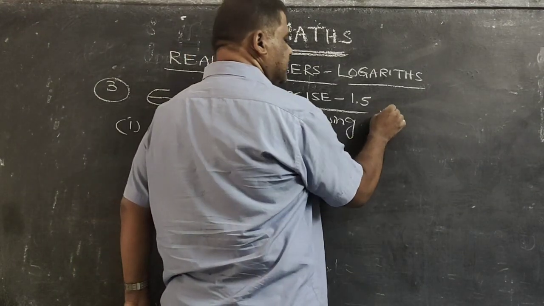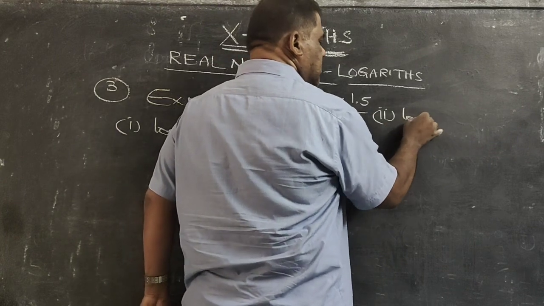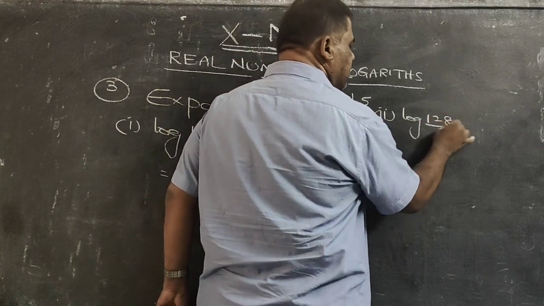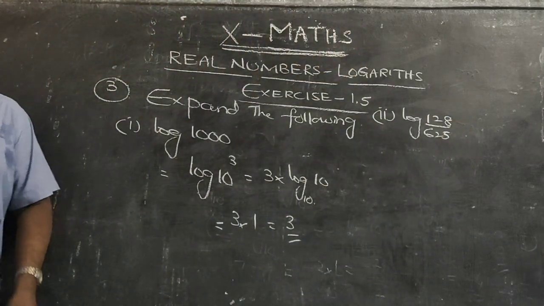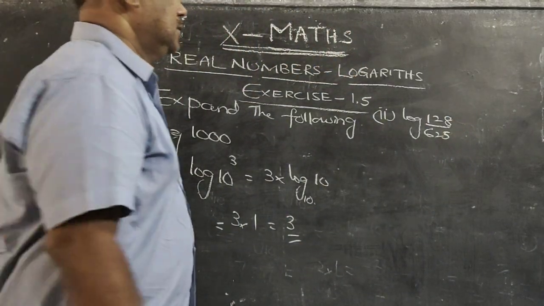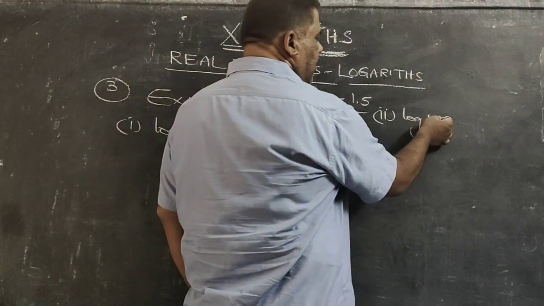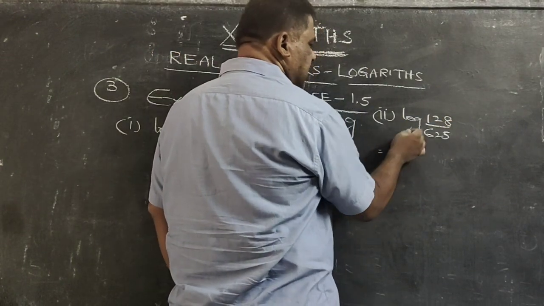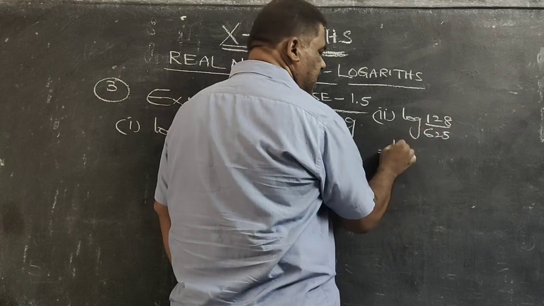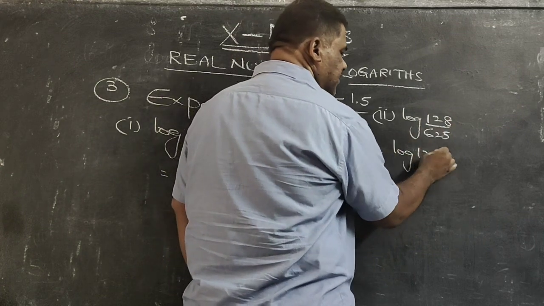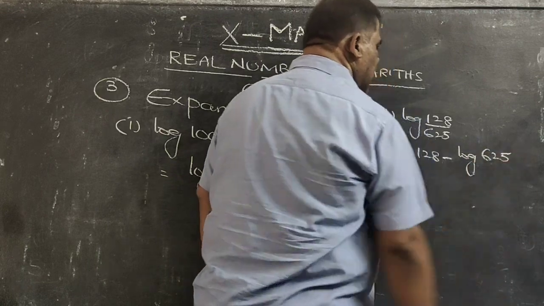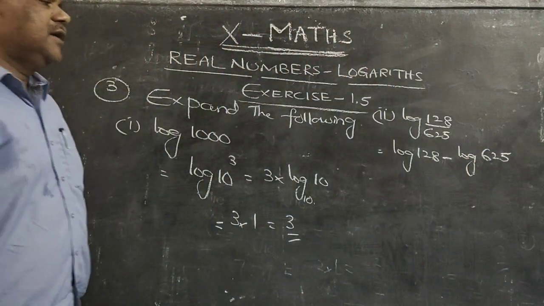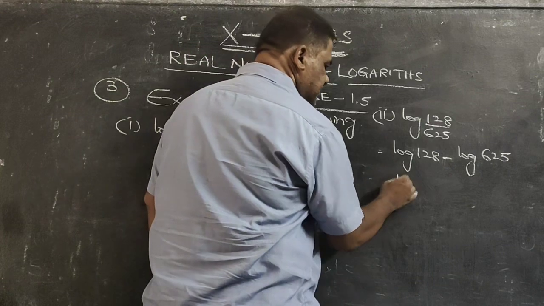Second one, log 128 by 625. This is in the form of log a by b. First let us apply the formula. Log a by b is log a minus log b.